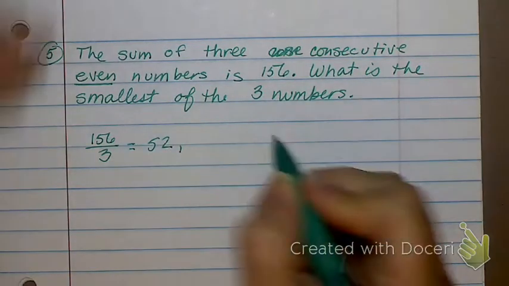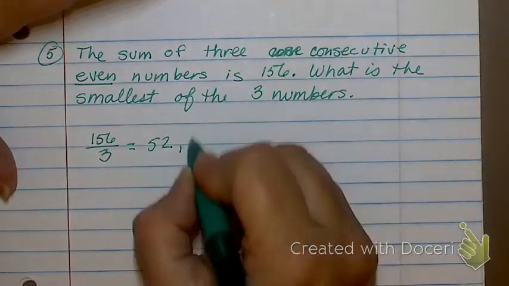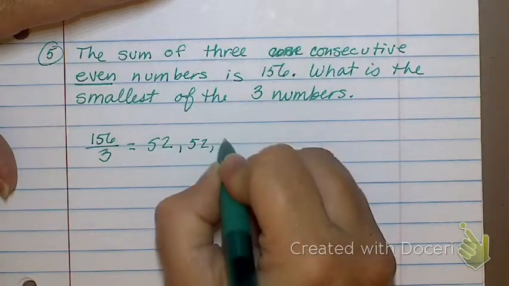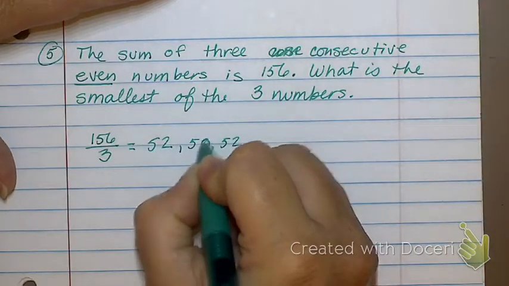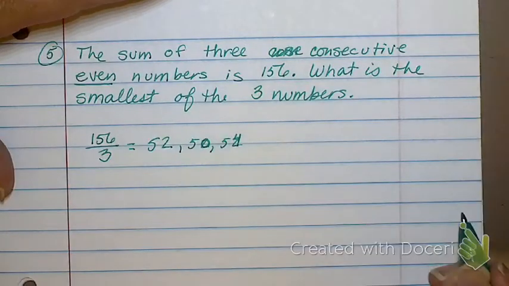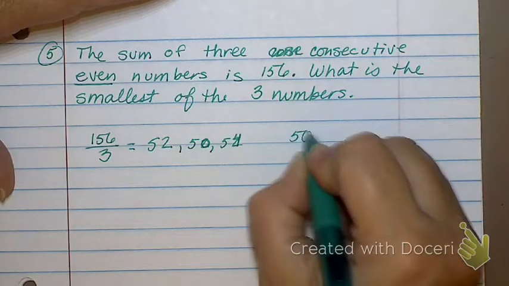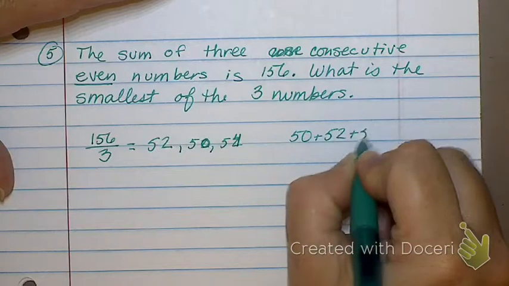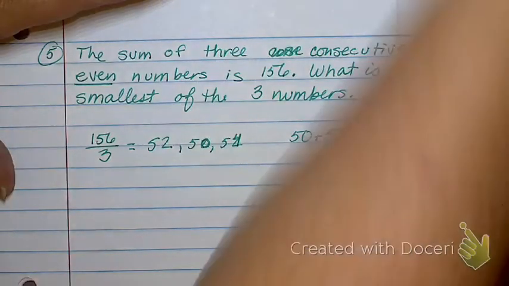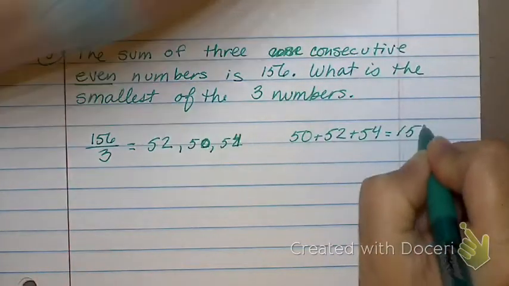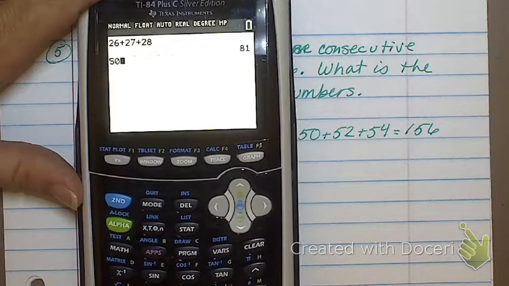And then if you're talking about consecutive numbers, you would want 52, 52, 52. Take 2 away from here and add it to there. So you're saying 50 plus 52 plus 54 equals 156. Let me verify. There we go.